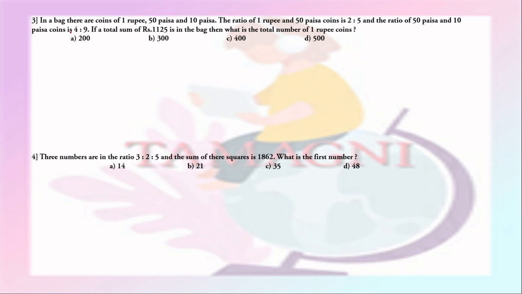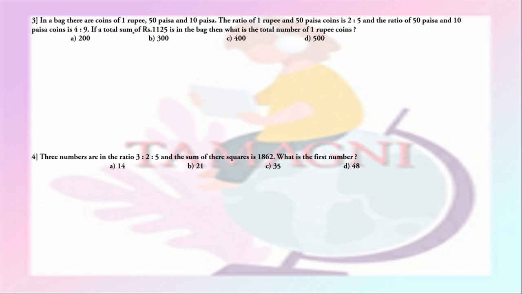Question number 3. In a bag there are coins of 1 rupee, 50 paisa and 10 paisa. The ratio of 1 rupee and 50 paisa coins is 2:5, and the ratio of 50 paisa and 10 paisa coins is 4:9. If the total sum of rupees 1125 is in the bag, then what is the total number of 1 rupee coins?